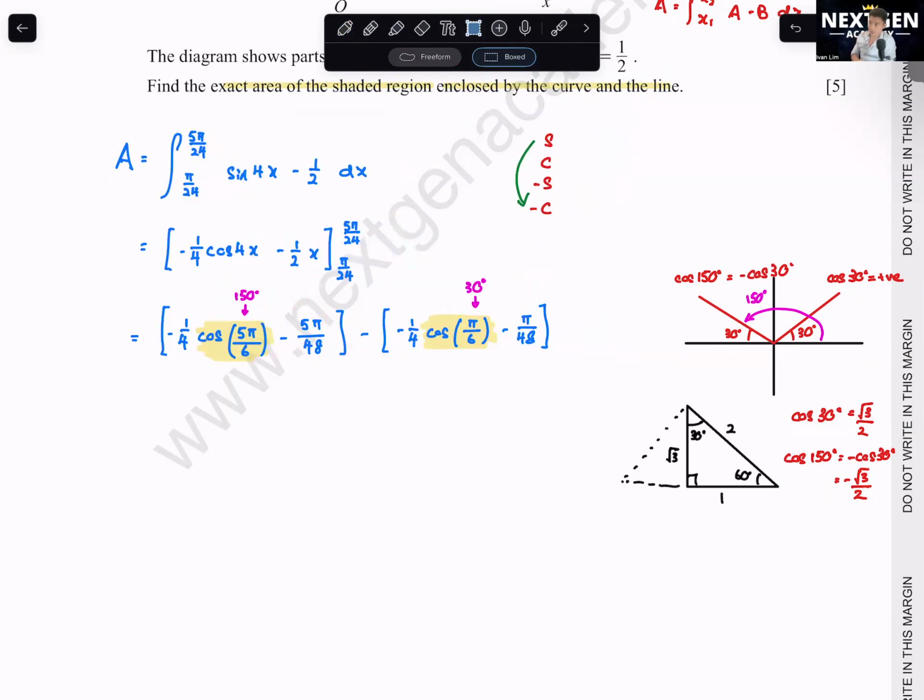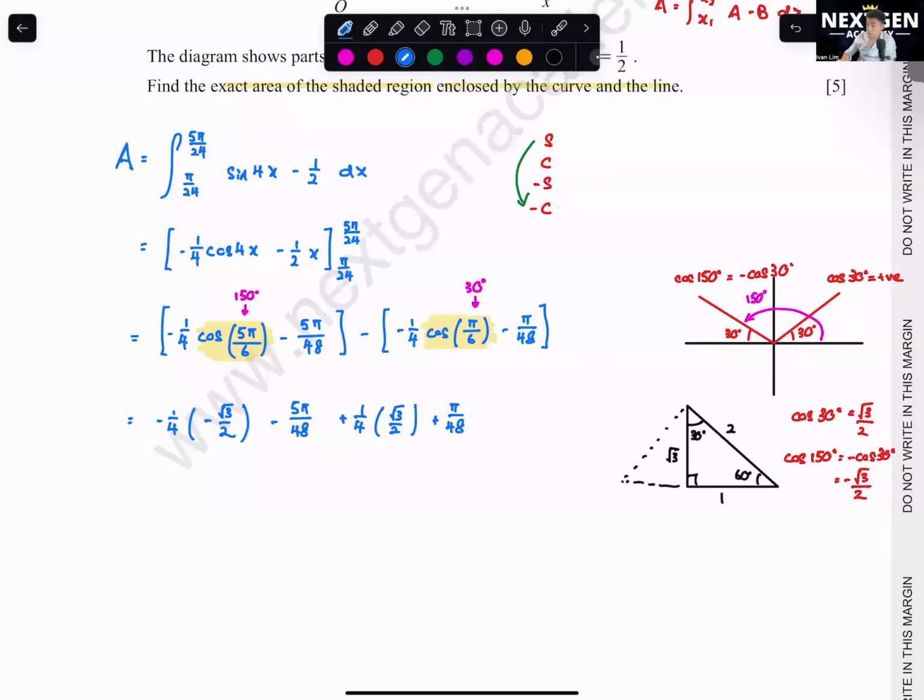Now let's substitute it inside. We get negative 1 over 4 times negative surd 3 over 2 minus 5 pi over 48. Then we can open up the bracket already: plus 1 over 4 surd 3 over 2, minus minus will be plus pi over 48.